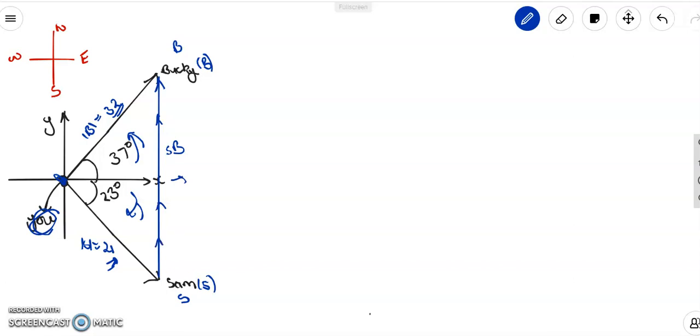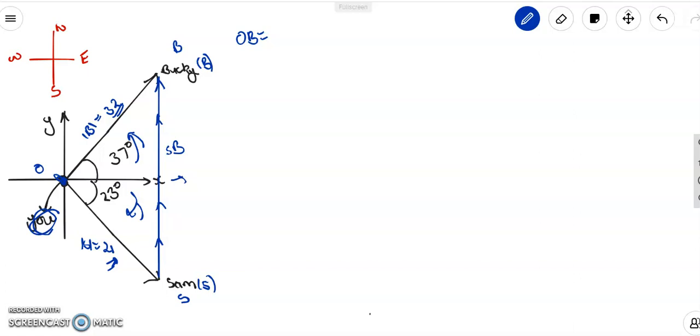From our vectors, we can get the vector of Sam's tent from the origin, that's OS, letting the origin be O. And we can easily get the vector of Bucky's tent from the origin, that's OB, by simply writing our vectors in Cartesian form. OB has a positive x and y value.